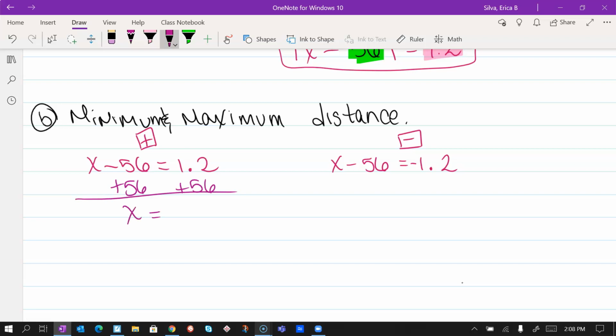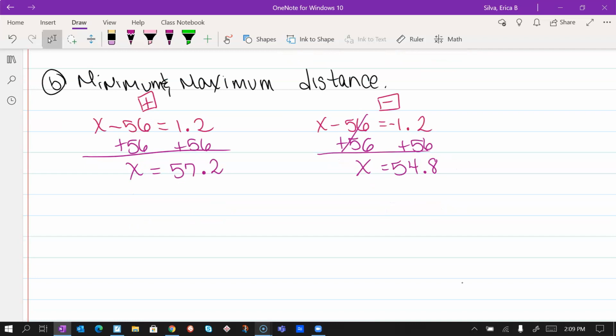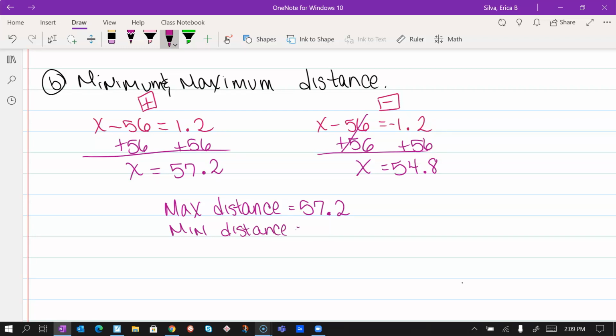We get x is equal to 57.2. And here we're actually subtracting, so this would be 54.8. Check my math. All right, so which one would represent my maximum? Max distance, 57.2. And our minimum distance would be 54.8.